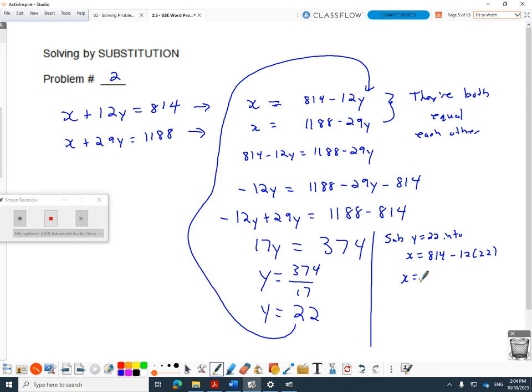12 times 22. Get your calculator out. Then 814 minus 264.